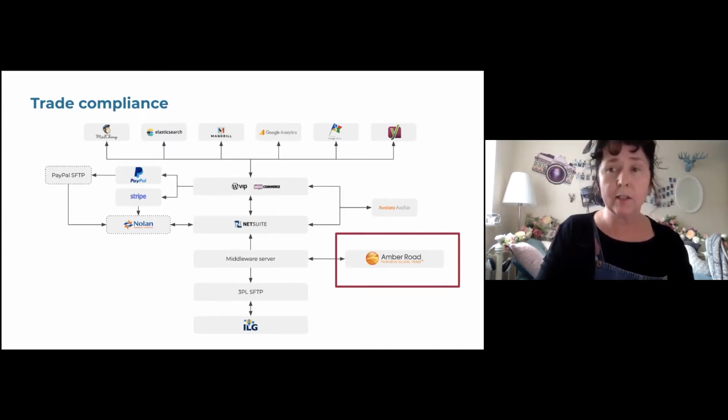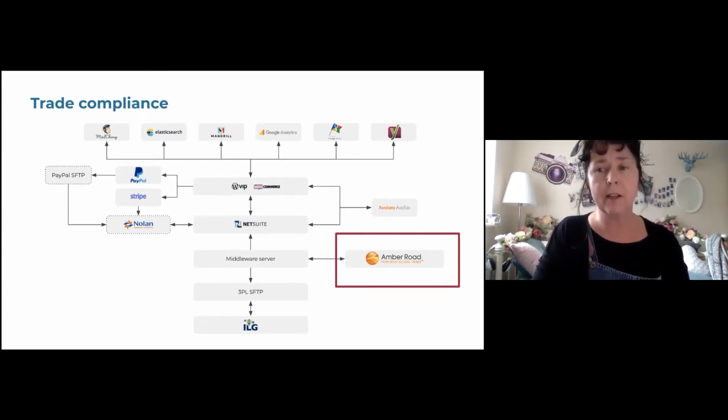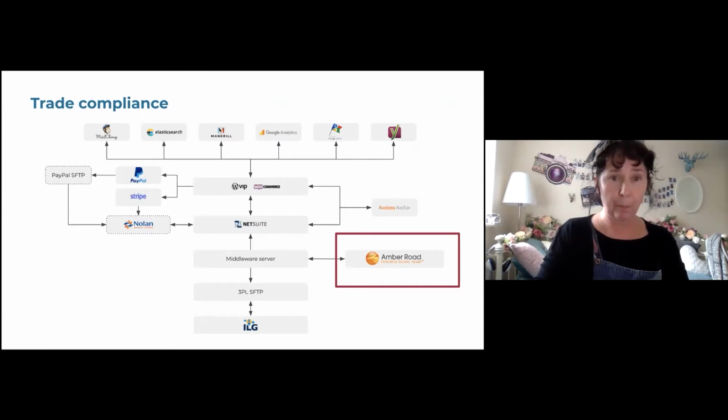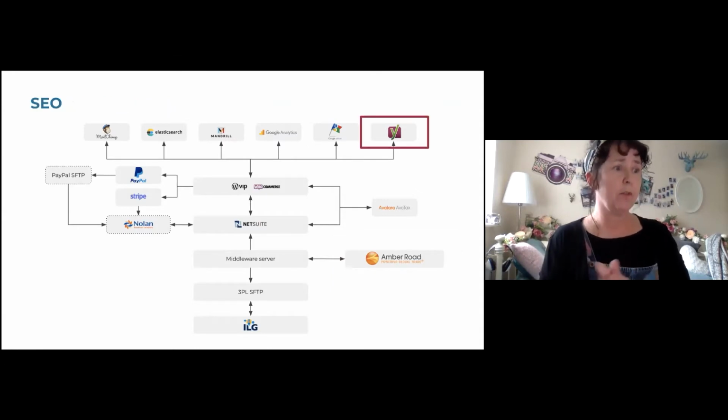If you don't adhere to those rules, there are big hefty fines in place. So at OKdo, all of the orders flow from WooCommerce through to the ERP, and every order is checked to make sure that it can be legally fulfilled.